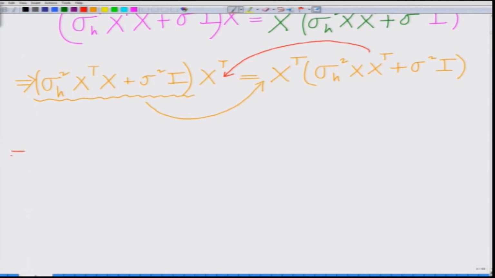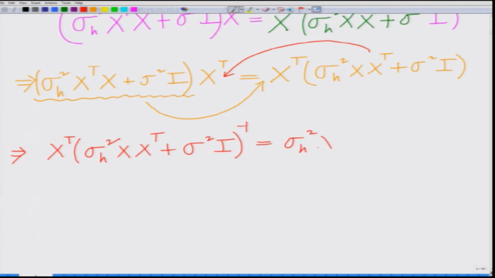and therefore what you can observe is x transpose times sigma h square x x transpose plus sigma square identity inverse is equal to sigma h square x transpose x plus sigma square identity inverse times x transpose, and this is the result that we have.